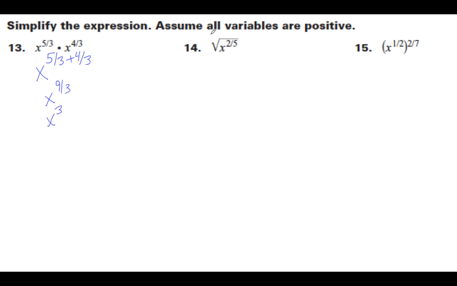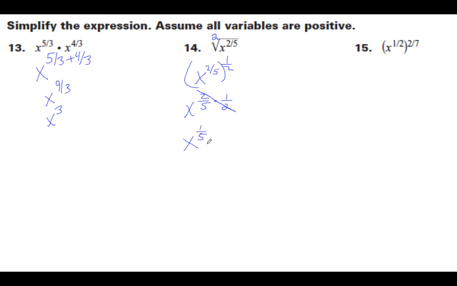Okay, this one over here is supposed to be a 2 in here, so this becomes x to the 2/5 raised to the 1/2 power. So it's x to the 2/5 times 1/2. They're going to cancel out, so this just becomes x to the 1/5 power.